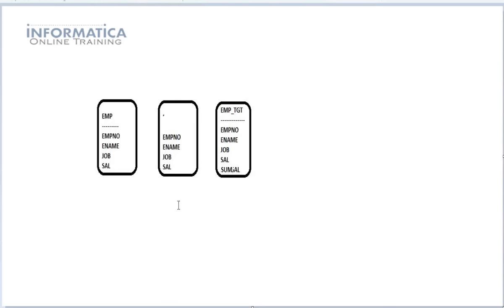When you transform the data, you create a column called sum salary and perform the aggregation of the salary column. That is performing the data aggregation. You are summarizing the information at the transformation level and loading the data into the target.